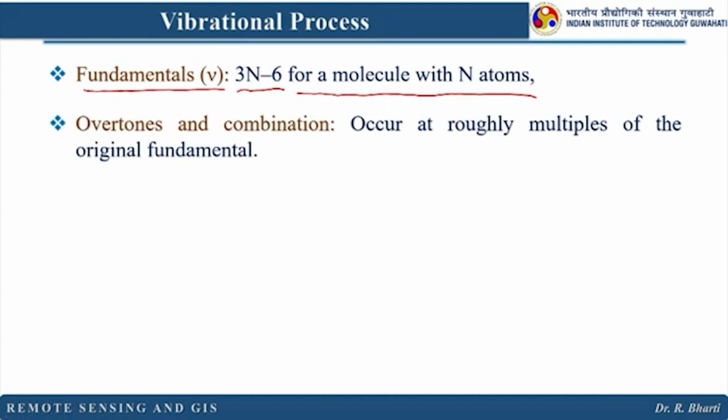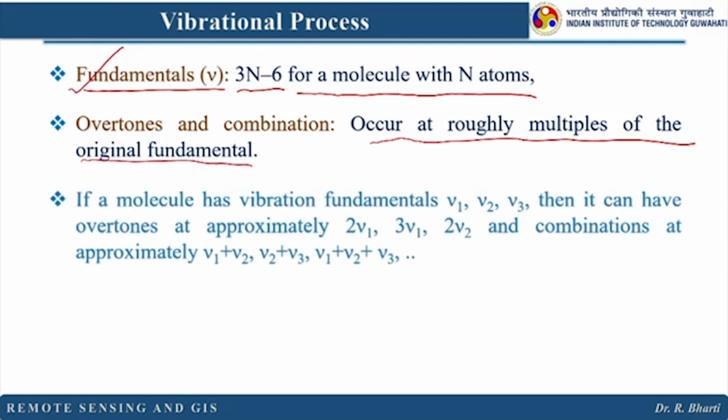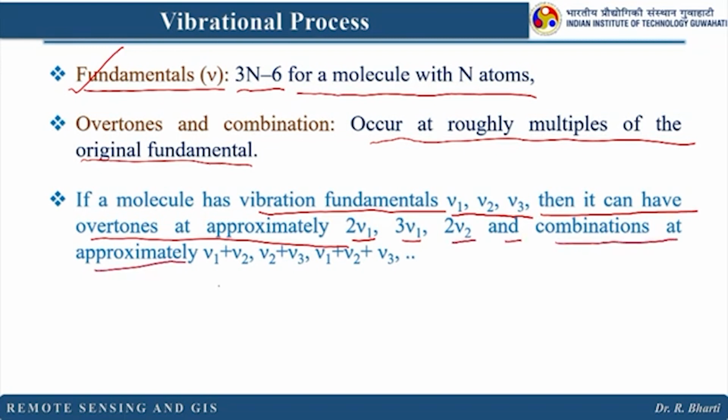And overtone and combination, these basically occur at roughly multiples of original fundamentals. So, if a molecule has vibrational fundamentals like V1, V2, V3, then it can have overtone at approximately 2V1, 3V1, 2V2 and combination at approximately V1 plus V2, V2 plus V3, V1 plus V2 plus V3.